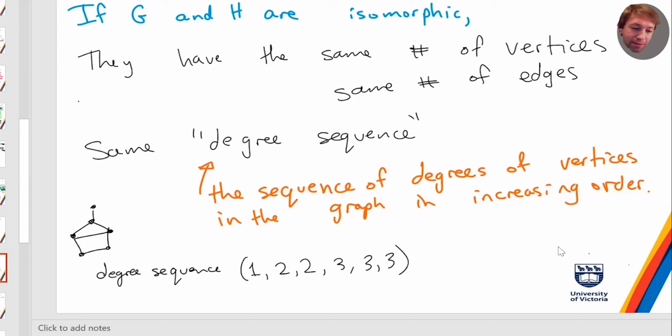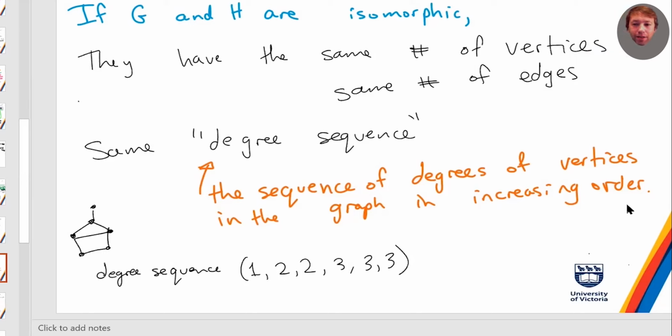Sometimes there's a quick way to show that two graphs are not isomorphic. For example, if the two graphs have a different number of vertices, they can't be isomorphic, because they can't be the same graph up to changing the names. So that's one way to rule out isomorphism. Another way is to count up the edges. If they have a different number of edges, they can't be isomorphic.